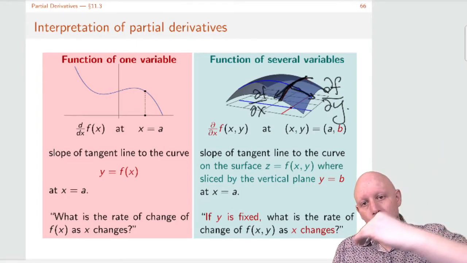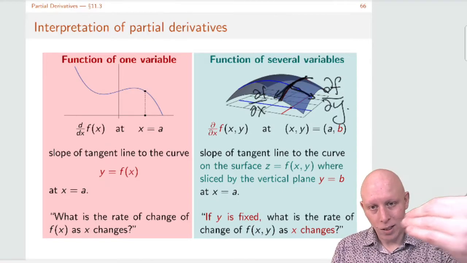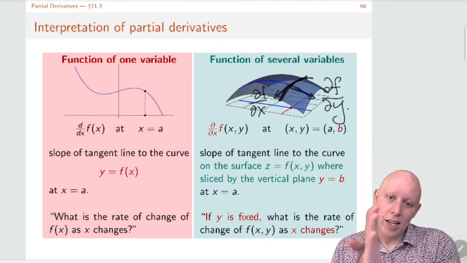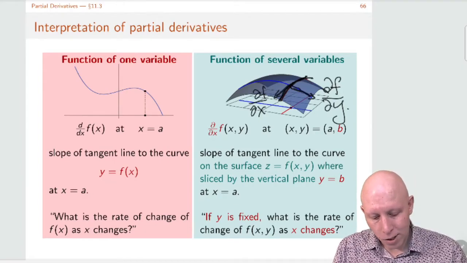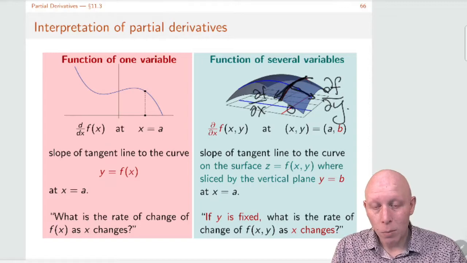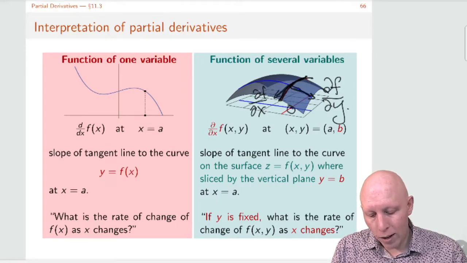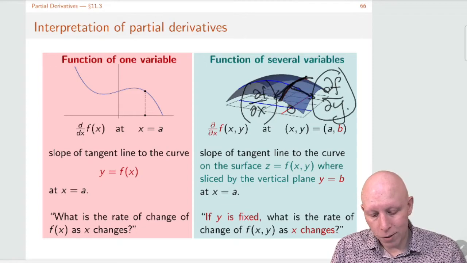The z value is decreasing in the positive x direction, and as we walk in the y direction, the slope is also decreasing. So at this point, the xy point, the AB point, we have that this partial derivative with respect to x is negative, and the partial derivative with respect to y is also negative.